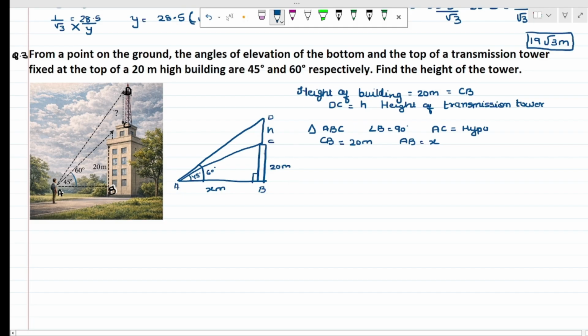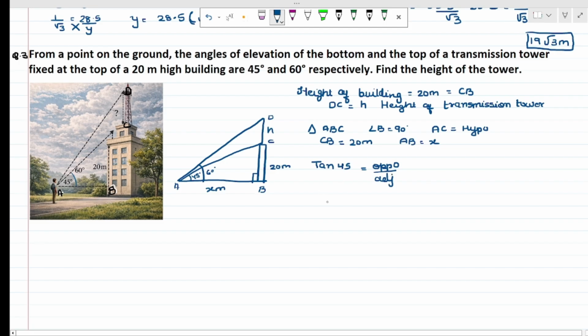Okay. So, starting with triangle CBA, which formula or trigonometric ratio should I use? Opposite upon adjacent. That means again we will go for tan. So go tan 45. Why am I taking 45? Because the angle formed while watching the bottom of the transmission tower is 45 degrees and the top of the transmission tower is making 60 degrees. So we will take 45 degrees only. So tan 45 is equal to opposite upon adjacent.